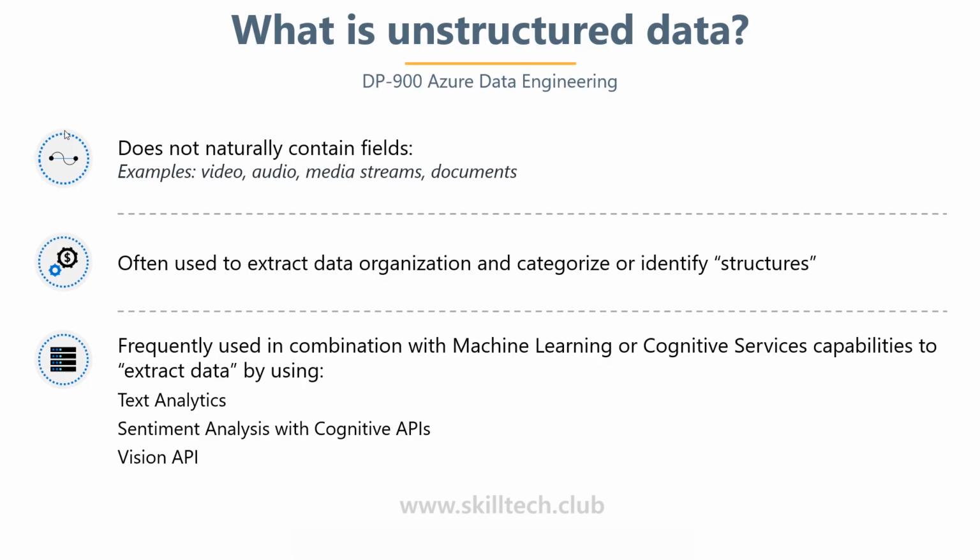Now let's understand what unstructured data is. Unstructured data mostly includes video, audio, media streams, or documents which cannot follow any proper structure. It is often used to extract data, and to organize and categorize or identify structures. It is frequently used in combination with machine learning and cognitive services capabilities, because this audio, video and streaming can be generated by devices like IoT devices.